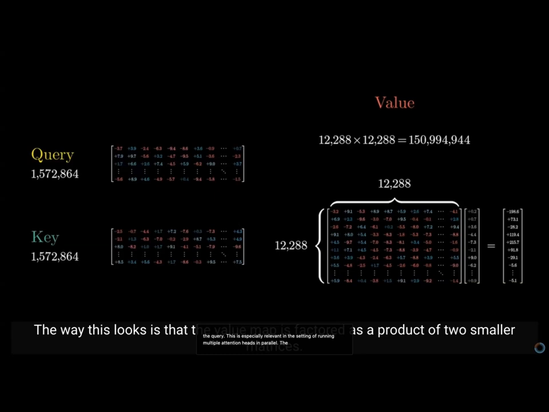By doing this, you can capture more related information from all your context. Okay, so that's the idea of why we are adding multiple heads. Remember, their weights are different so that they can capture different aspects of the relationship.